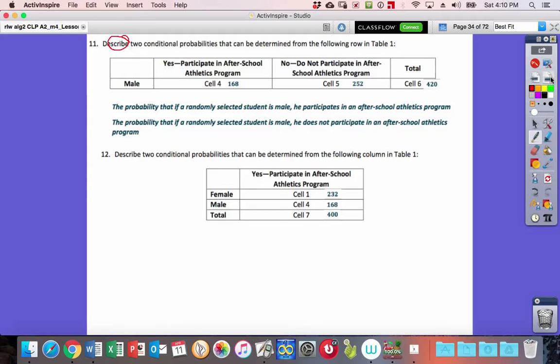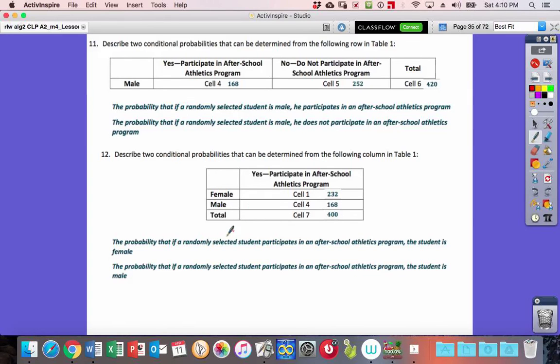Do you see the difference there? If a randomly selected student participates in after school, is the student female or is the student male? Does that make sense? Do you see now you're looking this way? The first thing you're looking at is if they participate. Then you go to whether the student is female or male.